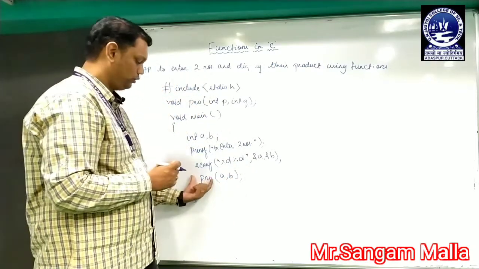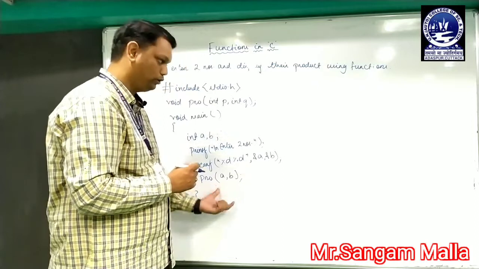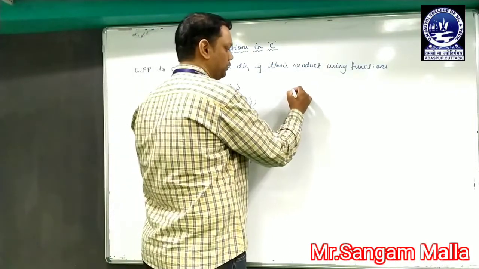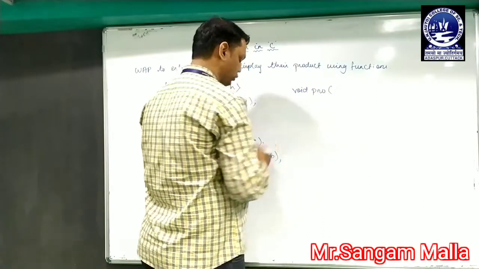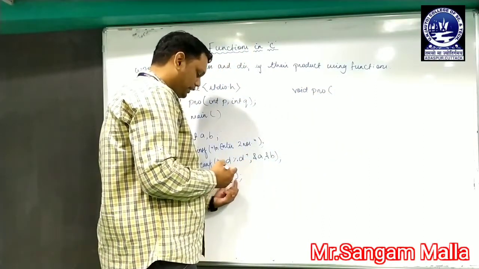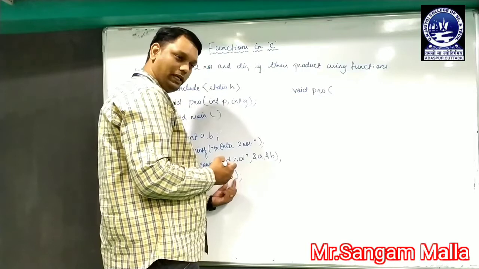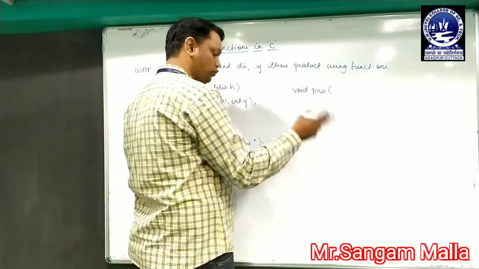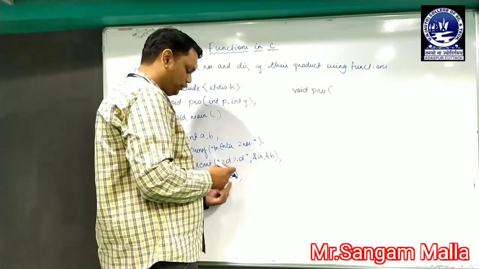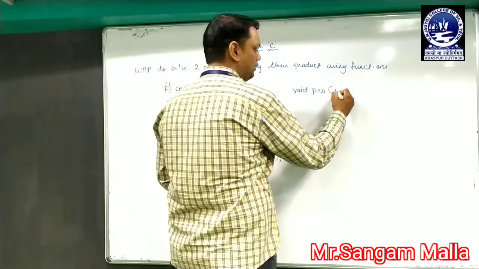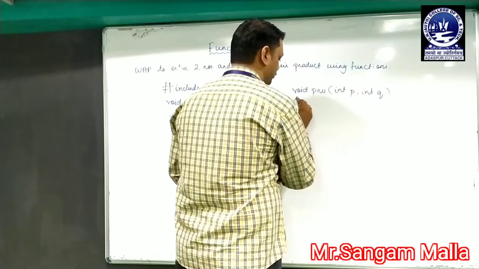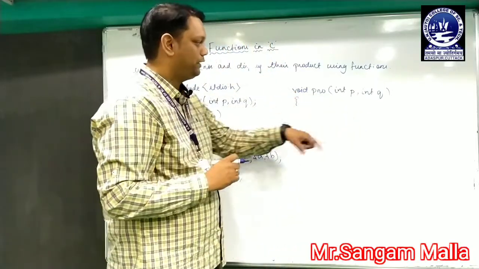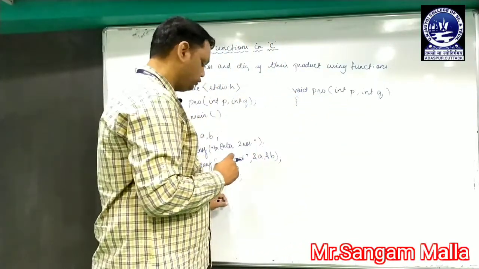So whenever I call the pro function by taking these two values, I have to define the pro function. So I can write pro, and as we are taking two variables over here, that is a and b, we have to take two variables in order to accept the values of a and b. So let's say I will take int p, int q. So I have taken two variables in order to hold the values of a and b.